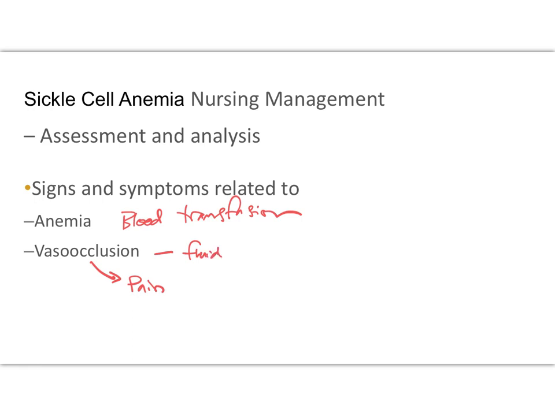You're going to give high doses of IV fluid, and the idea is that if we increase the volume of fluid, it will help those sickled cells not to become as blocked and help them be able to get through the blood vessels. So increase in perfusion. And then we're going to give usually some IV narcotic pain medication, because somebody's going to have extreme pain. They're also going to be at risk for occlusion. And so depending upon where that blocked blood flow is, we're going to start seeing other issues.